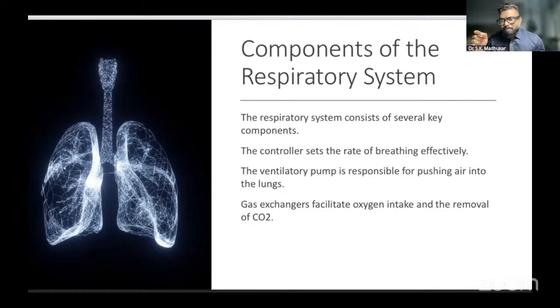So the essence of understanding mechanical ventilation is understanding the ventilator pump, the respiratory pump. And this is where the entire knowledge of mechanical ventilation is needed.